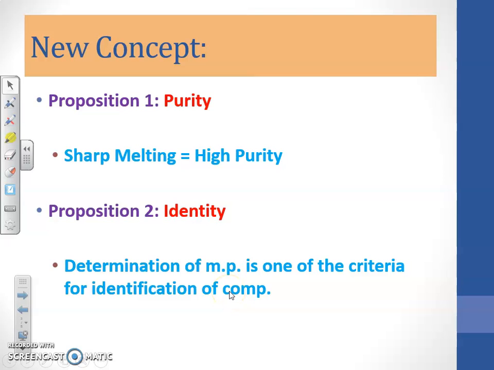It will have impurities; the substance will be misbranded or mislabeled, might be adulterated. So this is the second concept: the melting point of a substance can be used for the identity of the substance, to identify the substance.